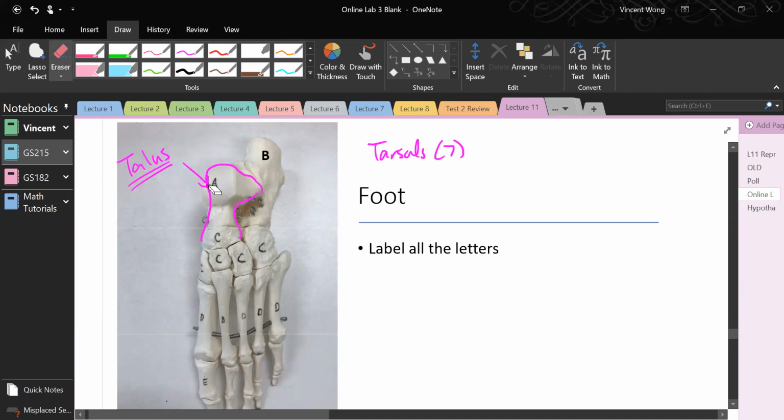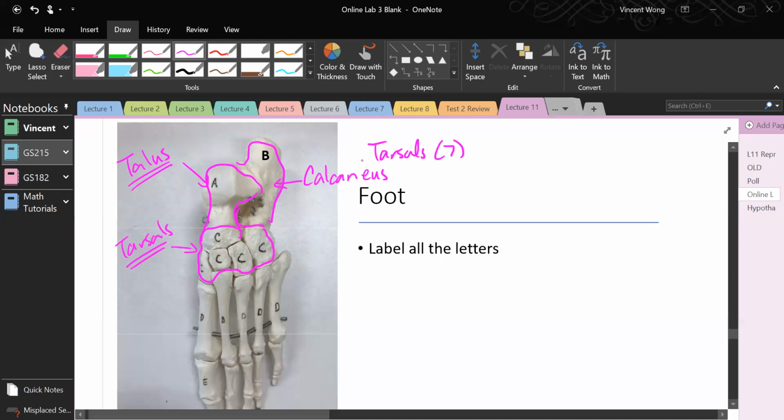Okay, these are all tarsals, and one of the tarsals is the talus. Your ankle bone contains the talus as part of it. Okay, this is the heel bone, which is also part of the tarsals. Sorry, that's the calcaneus. Okay, and each of these has a name as well, but it's already way too much, so we just call them tarsals.